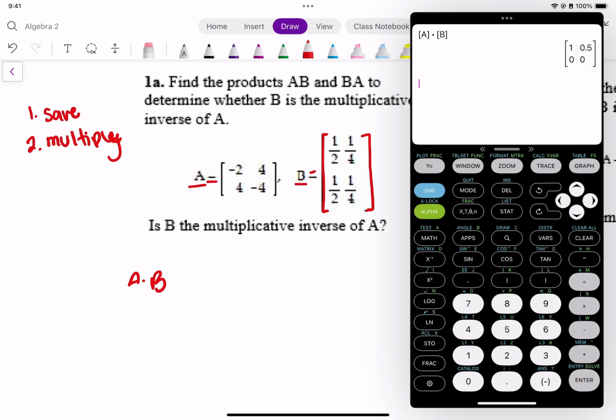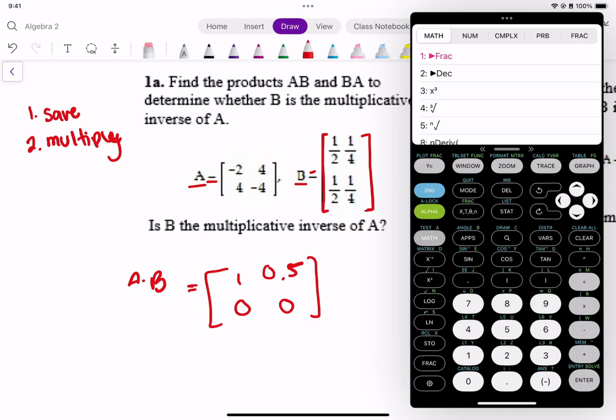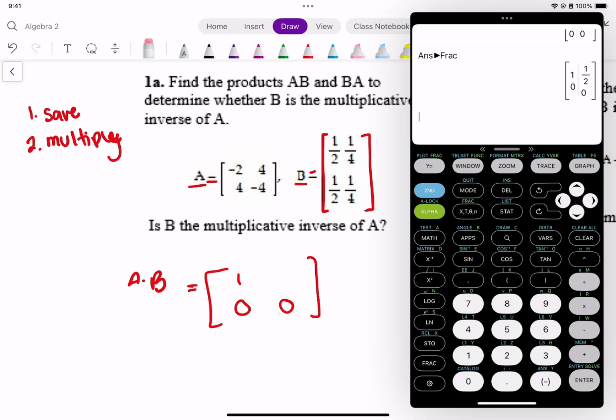And notice how the answer to this is going to be 1, 0, 0, and then 0.5. Now, again, we don't want to see this in decimal format, so to get that out, we're going to press math in our calculator, and then notice how fraction has been highlighted, so we press enter, enter. That will change our 0.5 to 1/2.